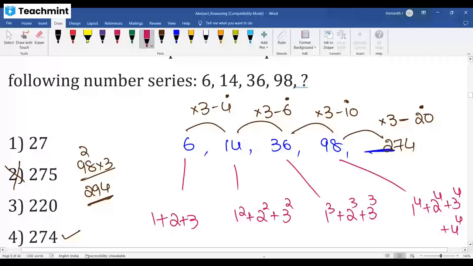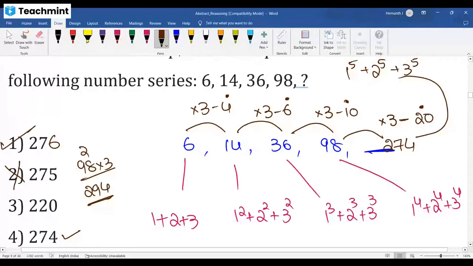Sorry, up to 4 power 4 only. 17 plus 81 is 98. Then this one, 1 power 5 plus 2 power 5 plus 3 power 5. 3 power 5 is 243 plus 33. We need 276. That's also not there in the options. Maybe the first one is 276. Okay, this is the logic.